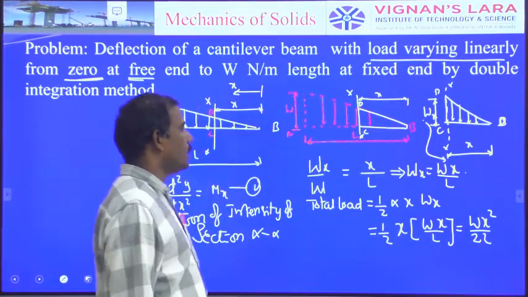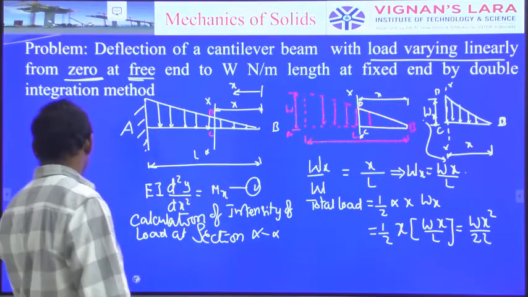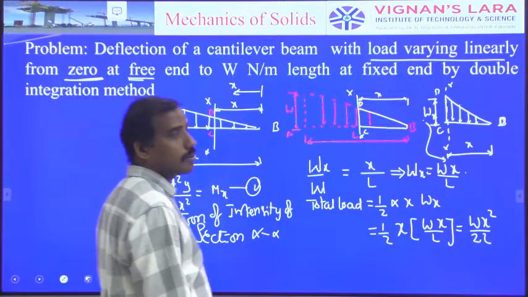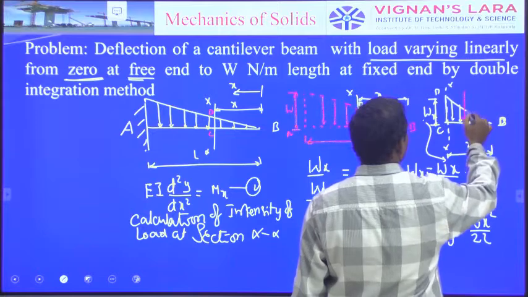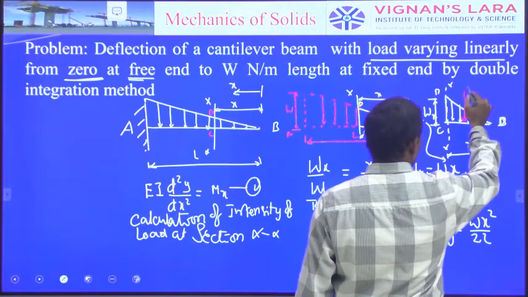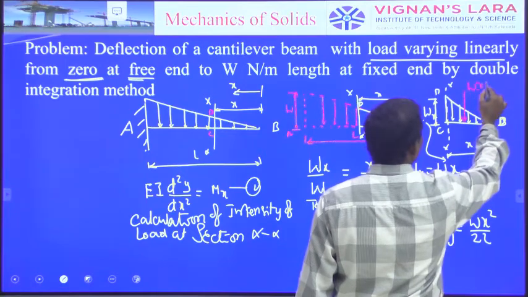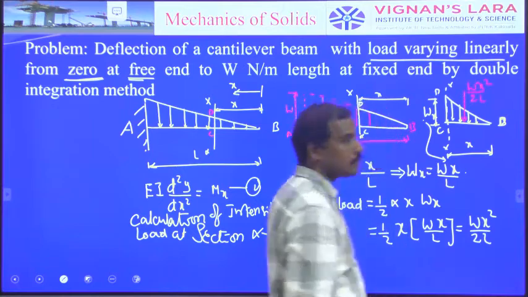At which point it is concentrated, that is the second point. It is always at the centroid of the triangle BCD. So this is the total load, Wx square by 2L.